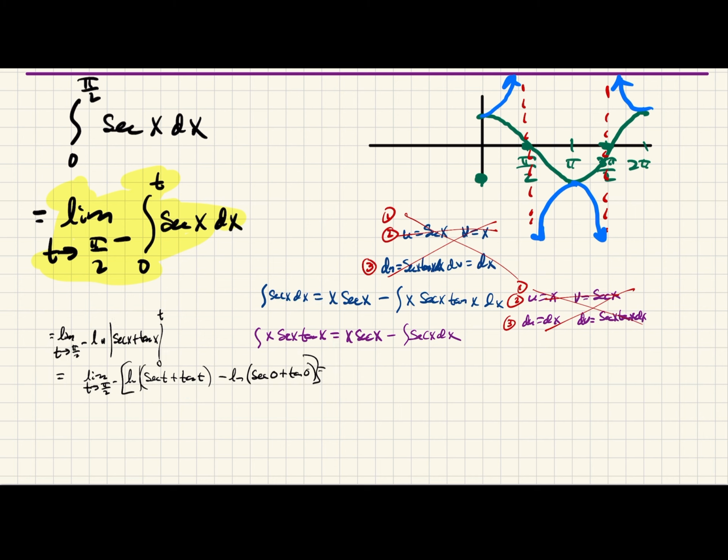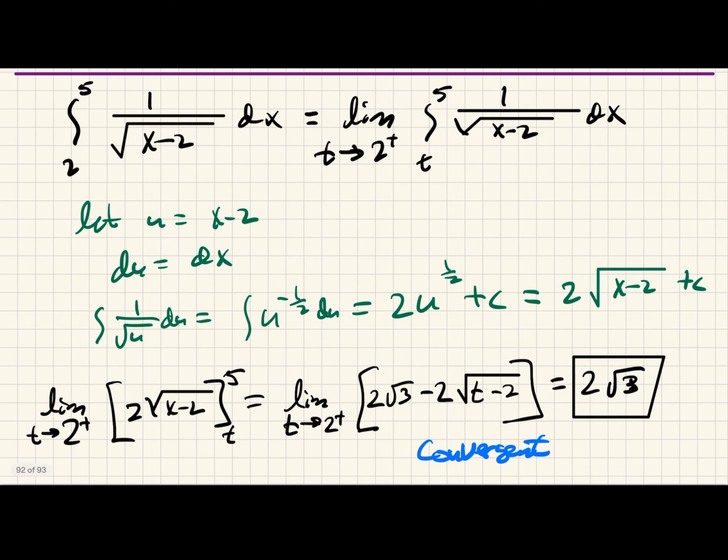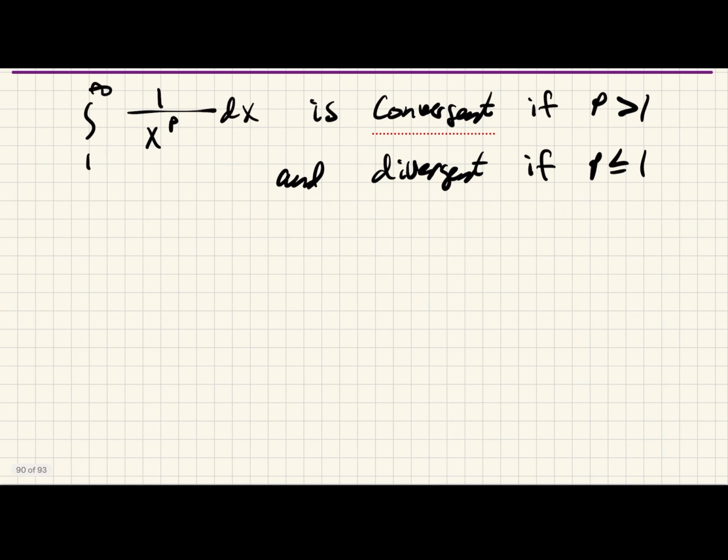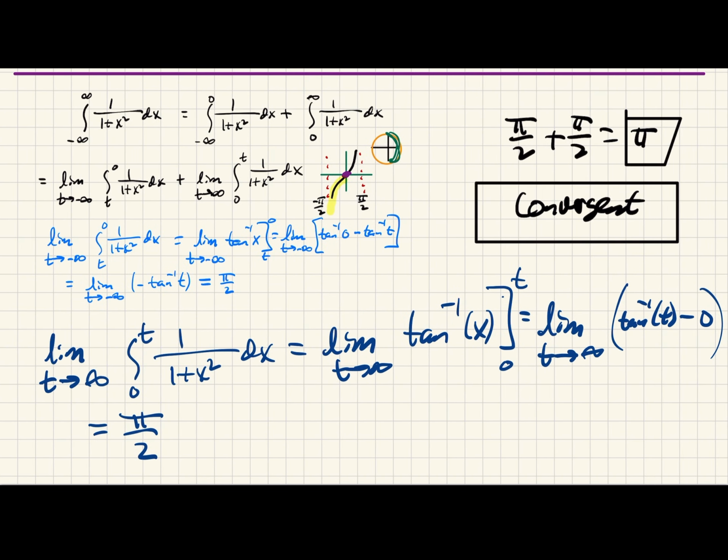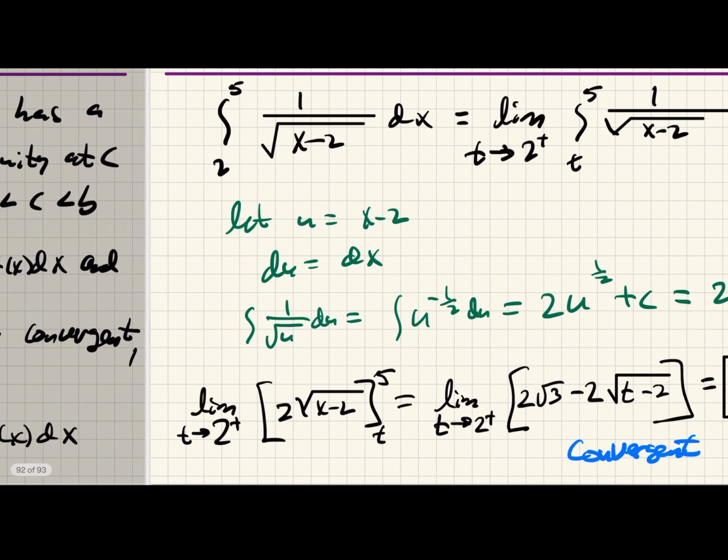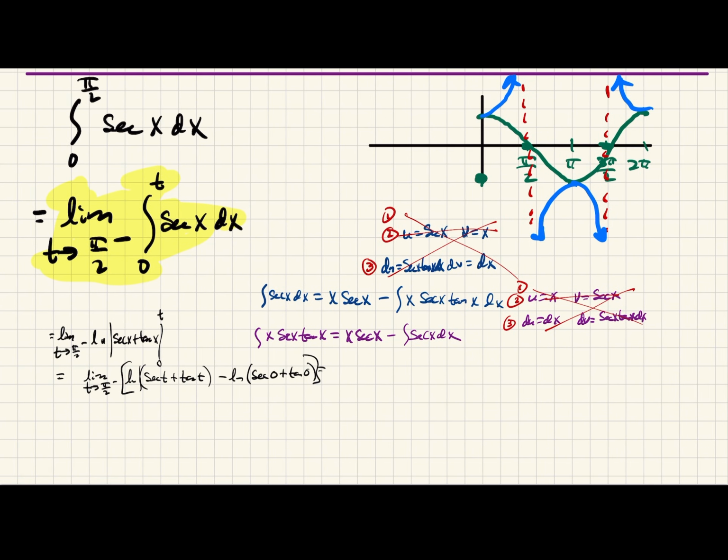And does it? Well, let's see. The secant of 0. Well, we've got our secant graph here. So secant 0 is 1. And then we have our tangent graph here. And the tangent of 0 is 0. Good. So that's going to be the natural log of 1, and the natural log of 1 is 0.